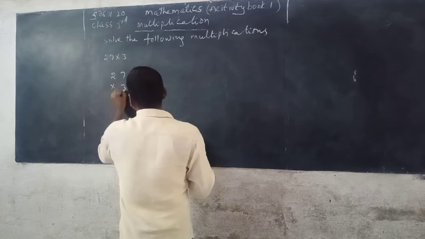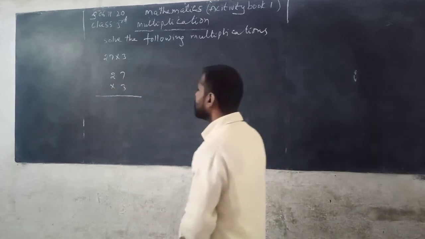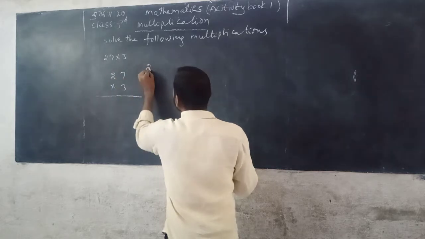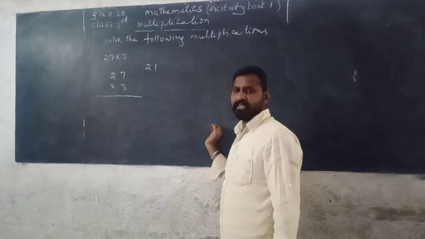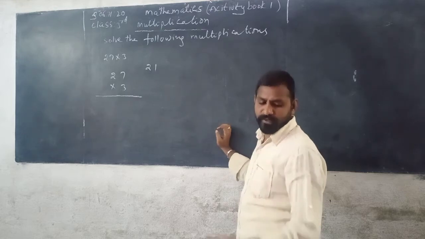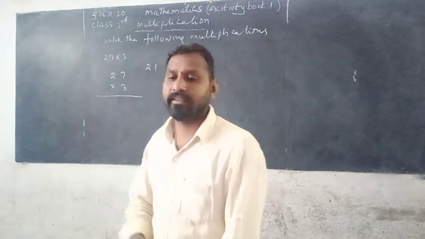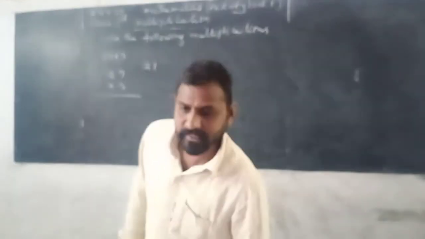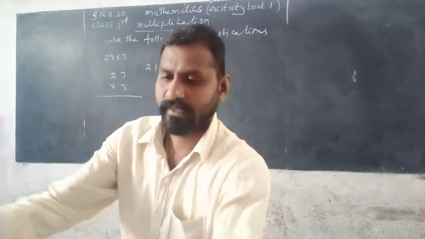27 into 3. First we multiply the digits in ones place, that is 7 with 3. 3 7s are 21, beta. From your activity book, page number 30. Workbook, sorry beta, workbook. See here.